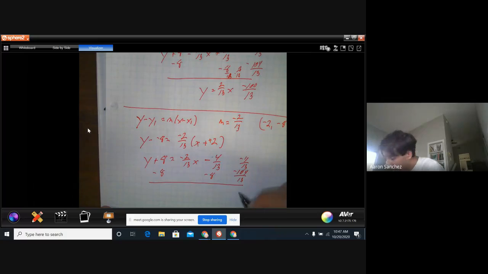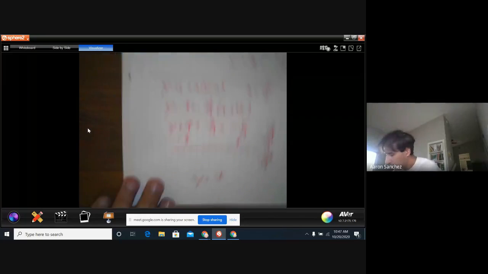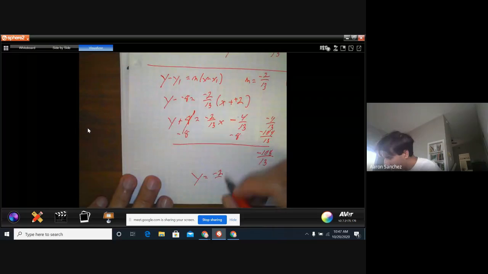So this will be -108 over 13. So my equation is going to be y equals -2 over, can you see that? I'm just rewriting this. y equals -2 over 13 x, and then this, minus 108 over 13.